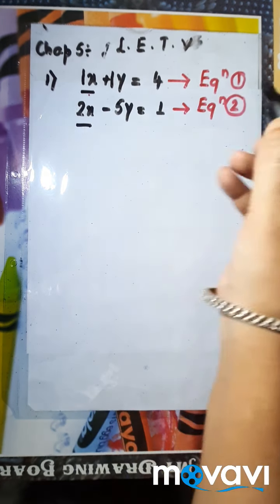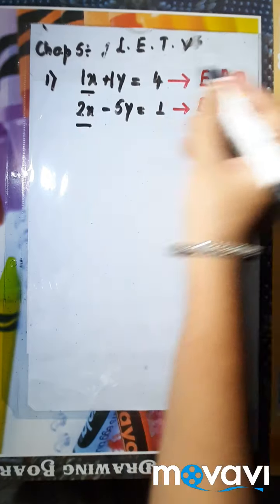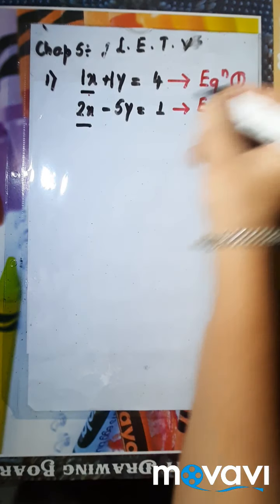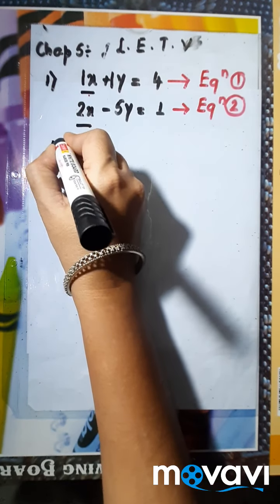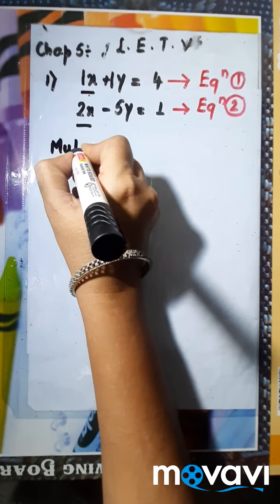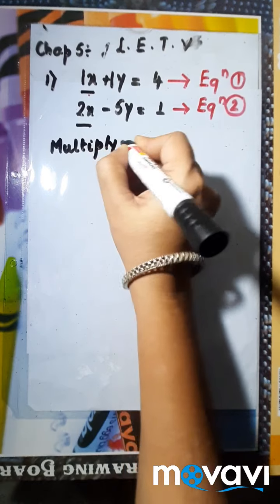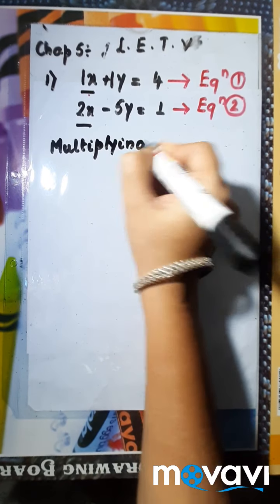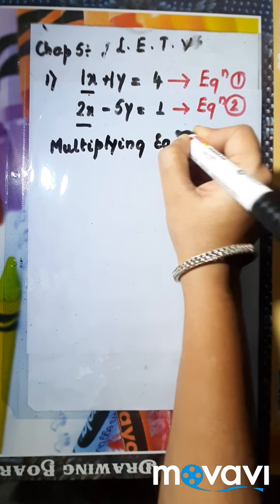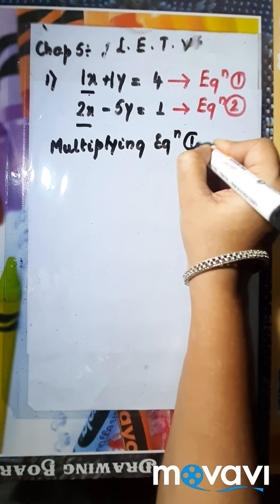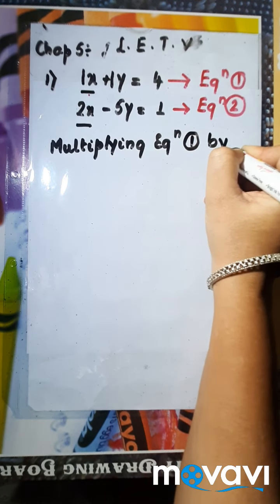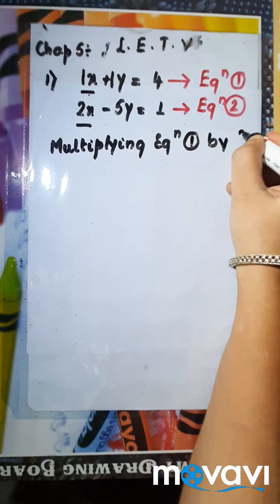So in order to do that, I have to multiply by some term. So I will say multiplying equation 1 by this number. I can take it by 2.